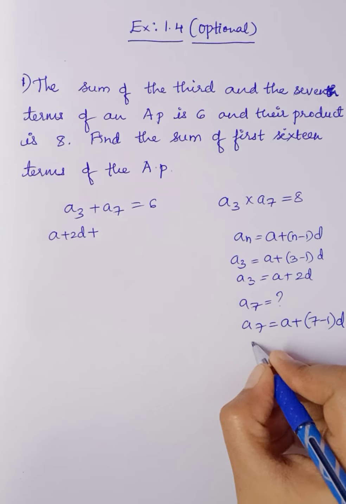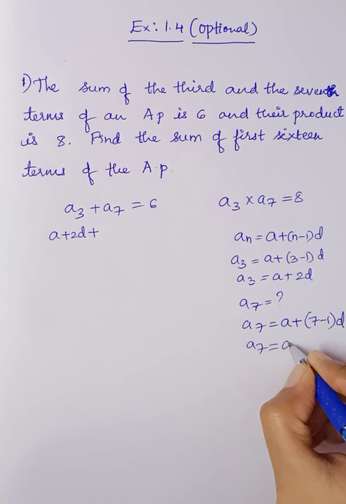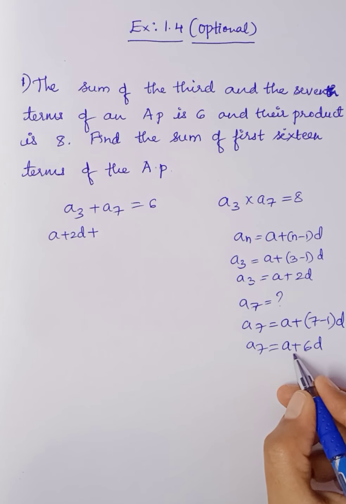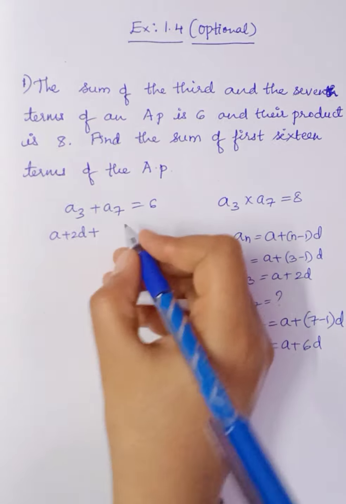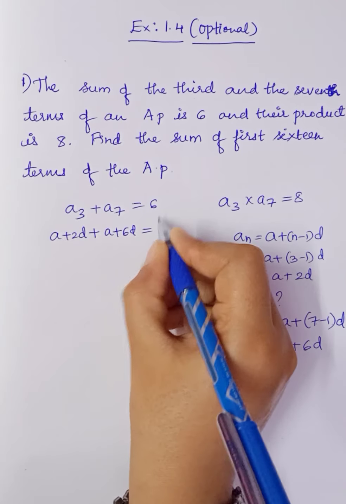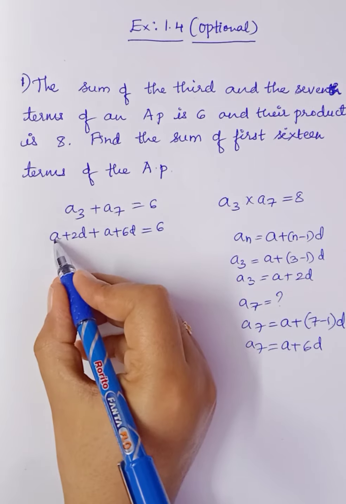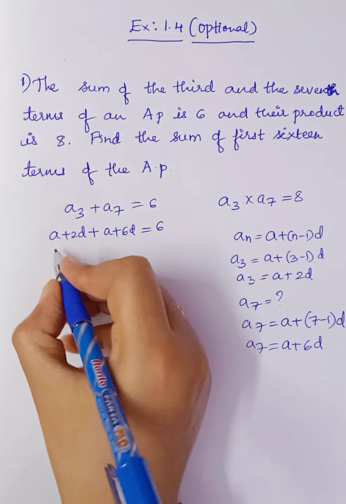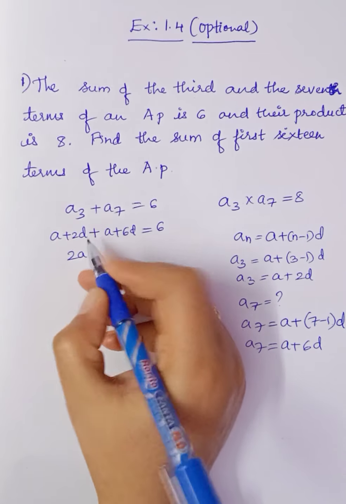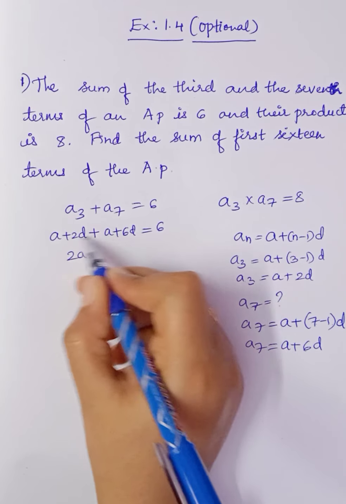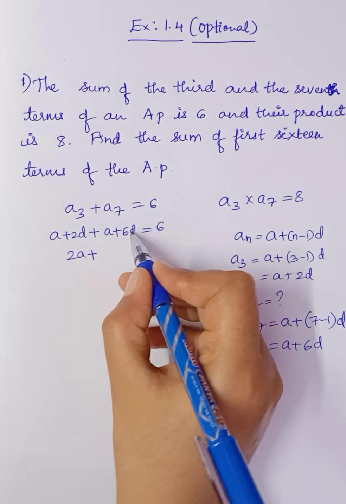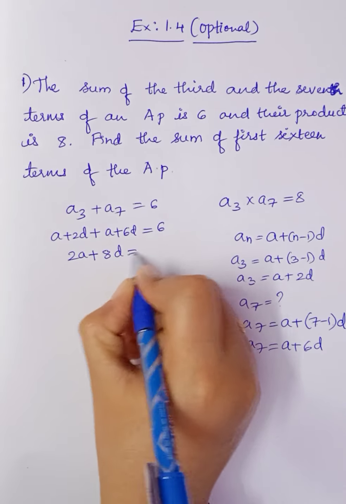So A7 is equal to a plus 7 minus 1 is 6, so A7 value is a plus 6d. So I am going to substitute here a plus 6d, which is equal to 6. Now this a and this a you add. So what you will get? a plus a will be 2a, plus 2d plus 6d will be 8d, which is equal to 6.